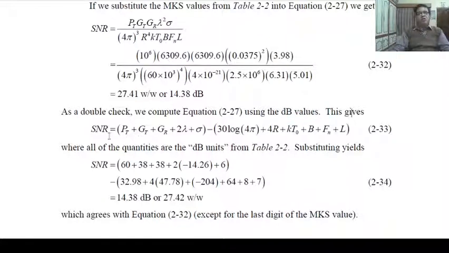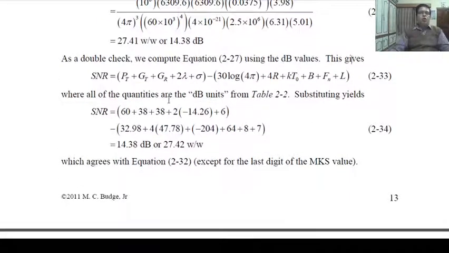This gives SNR equal to PT plus ZT plus ZR plus 2 lambda plus sigma, minus 30 log 4 pi plus 4R plus KT0 plus B plus Fn plus L, where all quantities are in dB units.